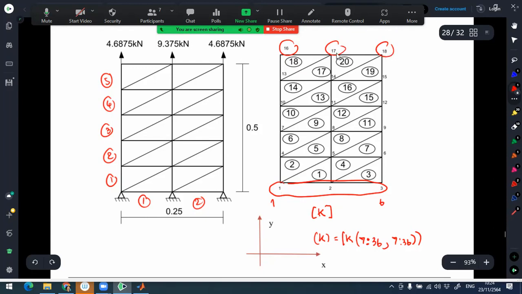And for node number 7, 36 is the y direction and 35 is the force at node number 18 in x direction, which becomes 0, right? So then this should be 34 and this should be 32.